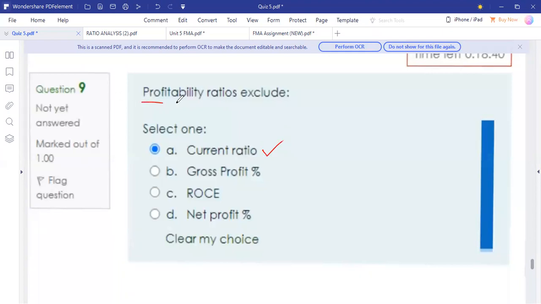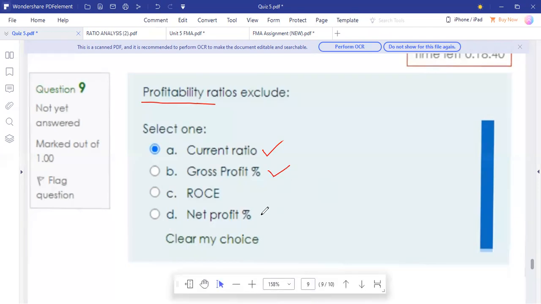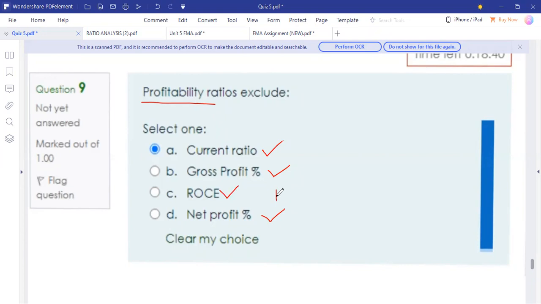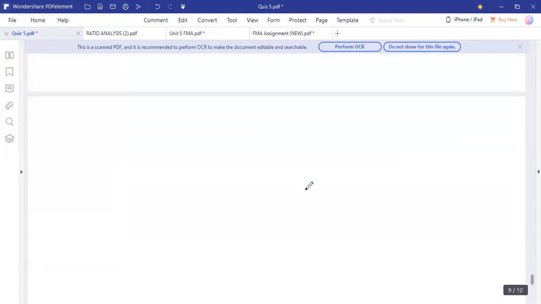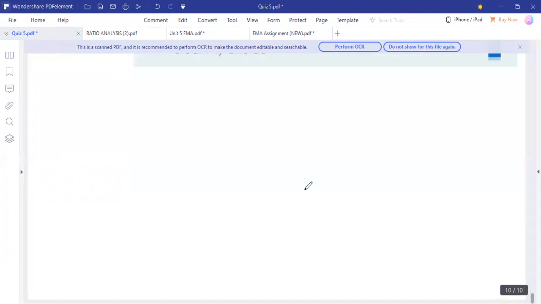So we have 5 profitability ratios. Number 1, the gross profit margin. Number 2, the net profit margin. Number 3, the return on capital employed. Number 4, the return on assets. And number 5 is which one? Operating profit margin. Okay. This one is a calculation.